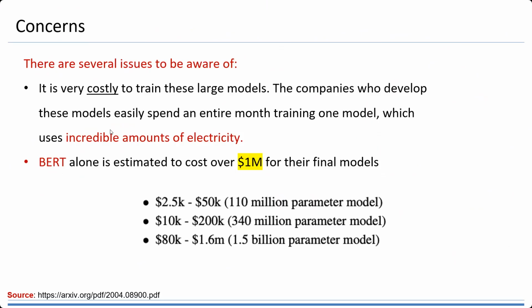So there are some concerns. There are several issues to be aware of. It is very costly to train these large models. As you can see, the parameters are in millions and billions. So the companies who develop these models easily spend an entire month training one model.